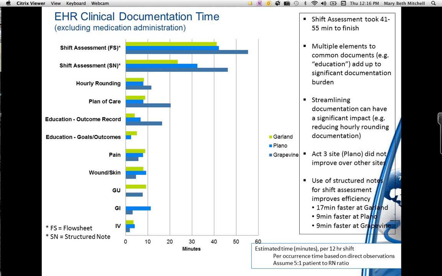So we've used this information to help us from a policy and procedure perspective, as we eliminate things, because what we found is that we gave the nurses too many options. So we're going back and beginning to eliminate some of those areas so there are not so many options, and we'll be remeasuring this as we make the changes in the EHR and see if we really accomplished what we thought we would. Next slide.